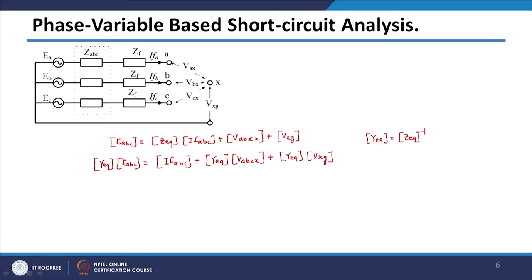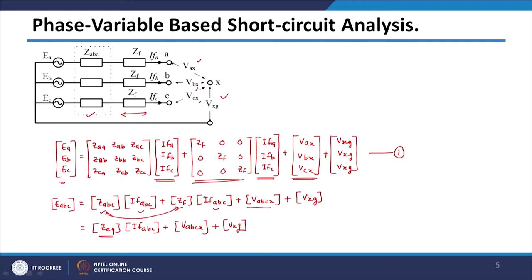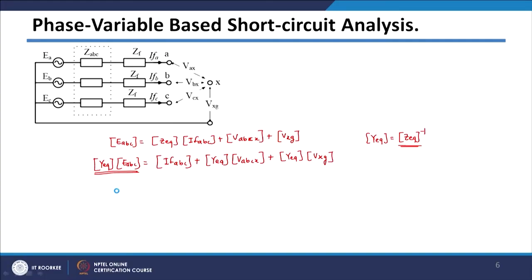Now, if you observe this quantity here, Y equivalent will be known because it is just the inverse of Z equivalent, and Z equivalent we have seen is just the fault impedance plus the impedance of the lines. So fault impedance and impedances of the lines are known, as well as the Thevenin equivalent voltages EA, EB and EC.